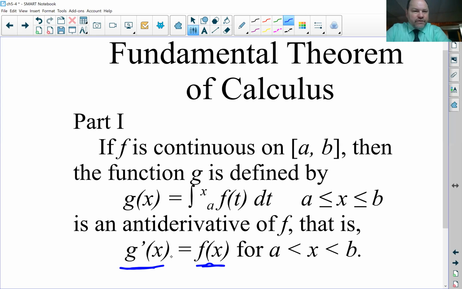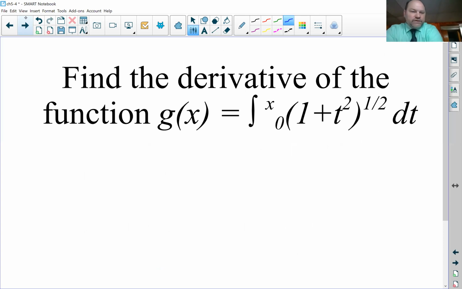Probably doesn't sound earth-shattering, but it's actually pretty helpful. So you might get a problem like this. Find the derivative of g of x given g of x is the integral from 0 to x of (1 plus t squared) to the 1/2 power.